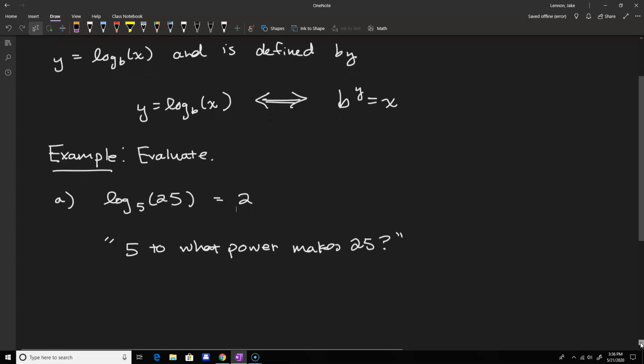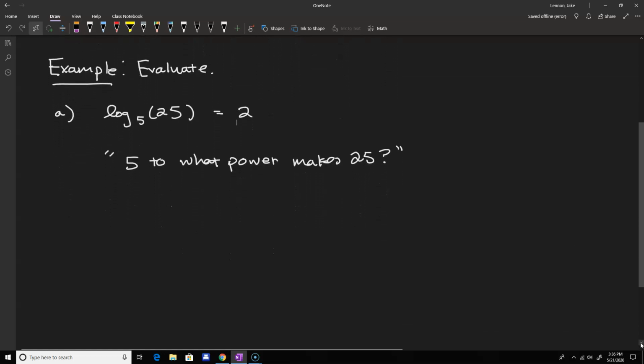If we continue and we look at another one, let's suppose we have the log base 7 of 1 divided by 343. Again, you're answering the same question. 7 to what power makes 1 over 343? And the answer here is going to be actually -3.